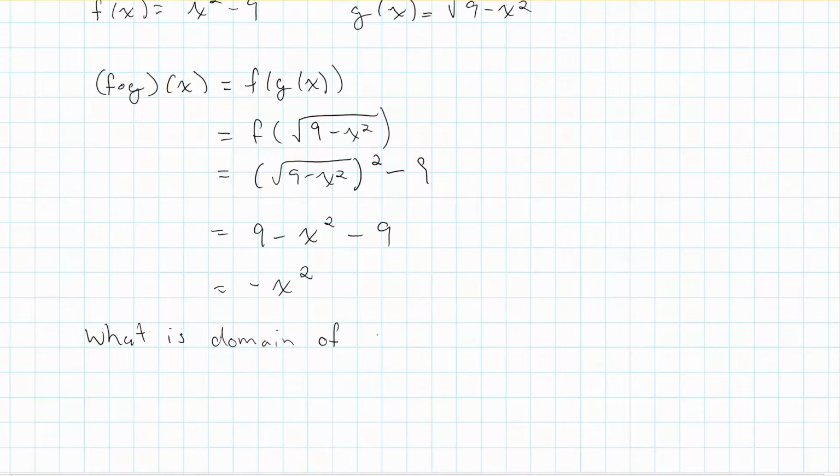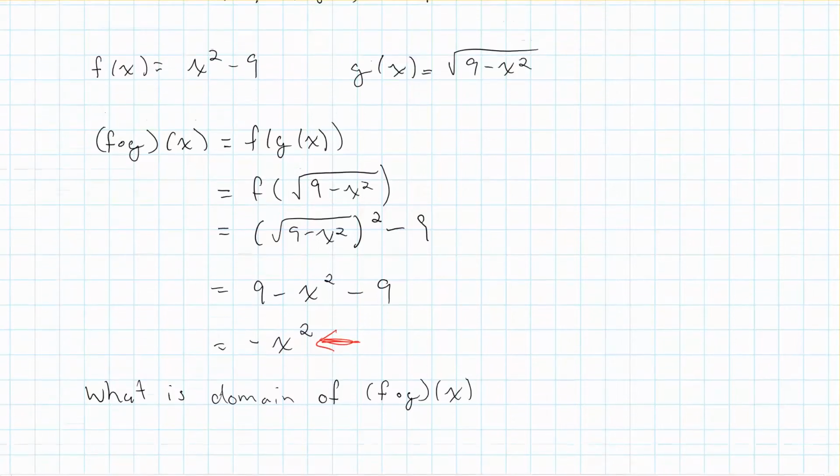Now, to finish this video off, what is the domain of f composed with g at x? Now, the temptation might be to look at this and just say, oh wait, the domain is all real numbers, because you can plug any number into x squared. But that's not what you have to do. You first have to look at what is the domain of g. Well, what do we have here?